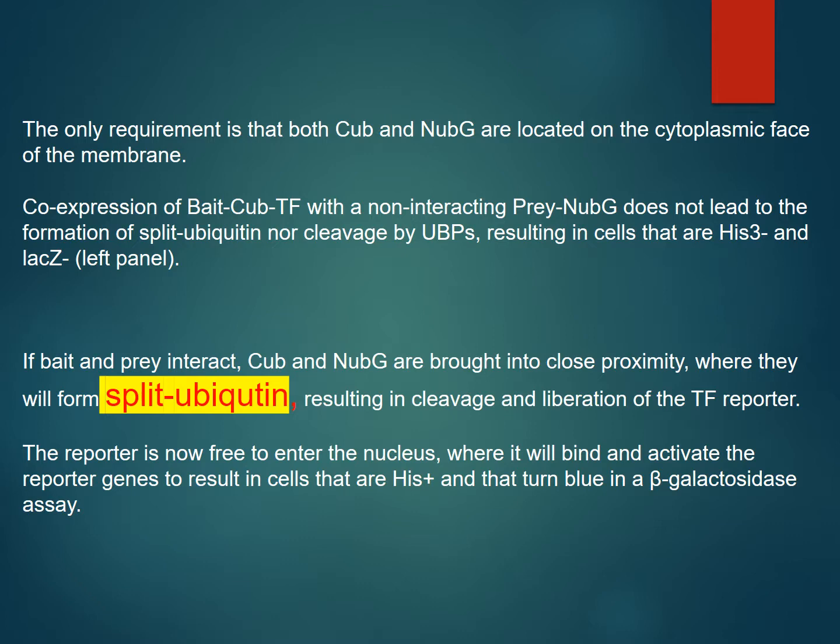And if the bait and prey do interact, Cub and Nub are brought together where they will form an enzyme known as split ubiquitin, which is a protease that will cleave that, let's say, VP16 reporter. It has a nuclear localization sequence, which you're finding about in your inquiry, and it binds and activates reporter genes such as His, so they'll live, or the cells turn blue with beta-galactosidase.